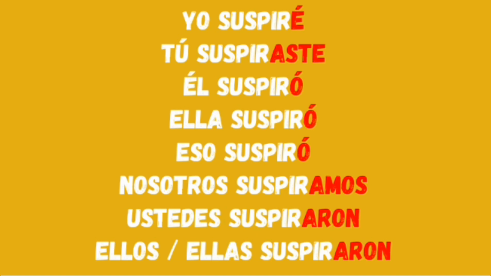To say it sighed, you have to say eso suspiró. To say we sighed, you have to say nosotros suspiramos. To say you sighed in the plural form, you have to say ustedes suspiraron.